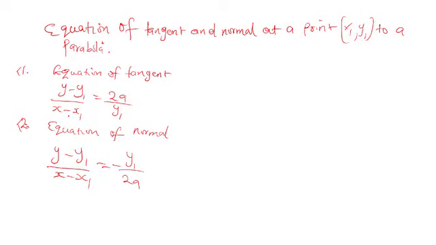Now I would like us to study these equations very well, because we'll be making use of them in dealing with questions that have to do with equations of a tangent and equation of normal to a parabola. Now let's start by solving this. Number 1, the question says find the equation of tangent and normal to the parabola. We are applying the two equations together.